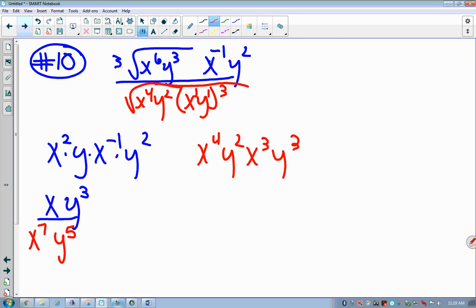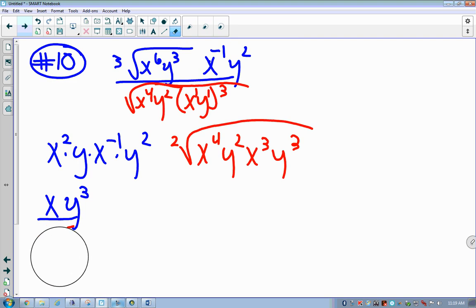Now, let's see, what are they getting on number 10? Did I do something wrong? Oh, because we're still under a square root symbol. You're absolutely right. All of this is still under a square root. Thank you. I knew I was missing something.